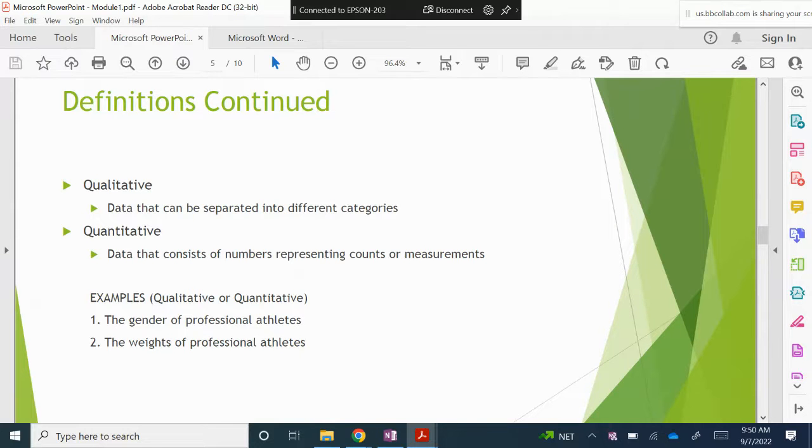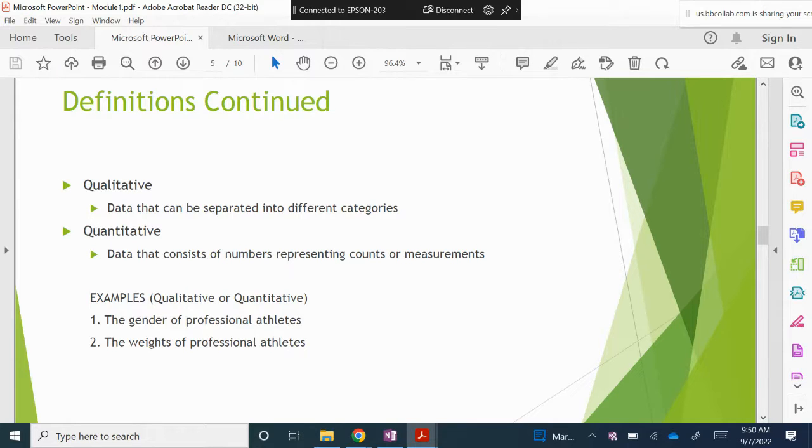All right. So here are examples, qualitative or quantitative. The gender of professional athletes, is that a quality or is that like a number type? That's going to be qualitative, right? That's a quality or characteristic, either being male or female.